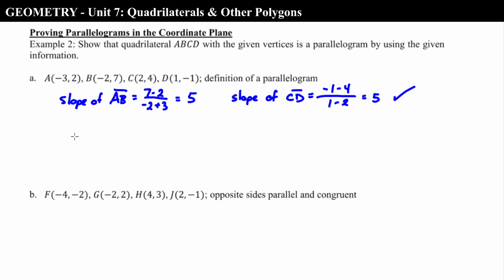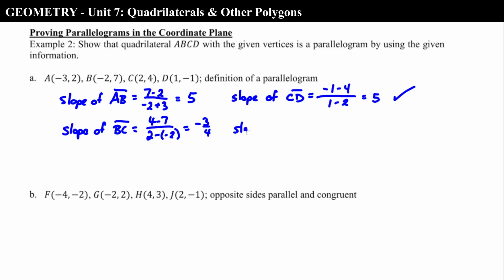Let's try the slope of BC. Well, when we do that, we're going to do 4 minus 7 over 2 minus negative 2. That's going to be negative 3/4.